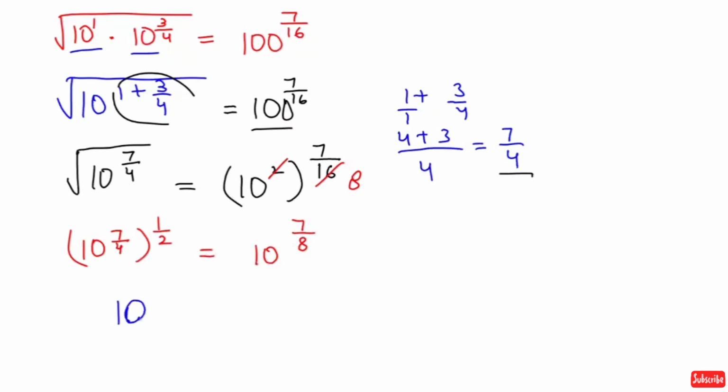Here this 10 to the power of 7 over 4 times 1/2 gives us 10 to the power of 7/8. So here the left-hand side is equal to the right-hand side. So the value of x, that is 7/16, is absolutely correct.